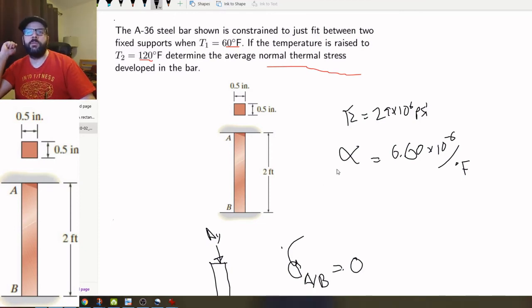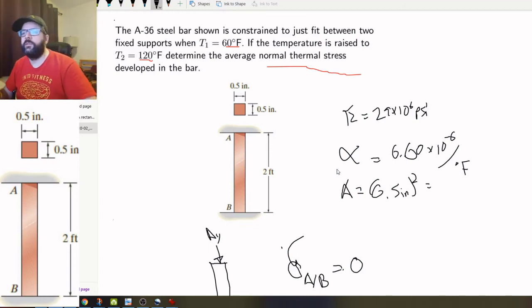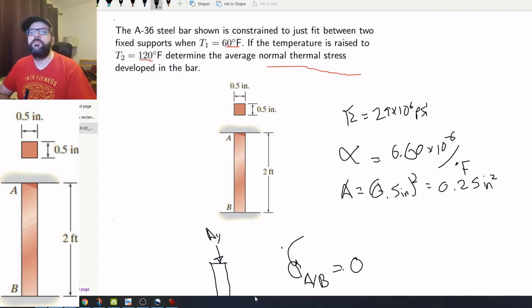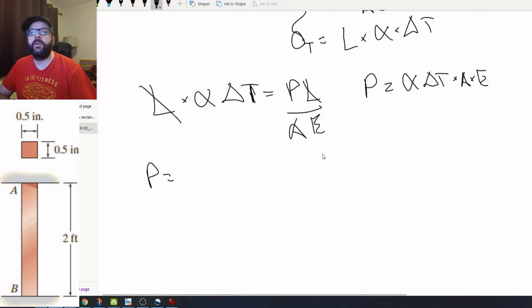And while we're at it, our A is going to be equal to 0.5 inches squared, which is equal to 0.25 inches squared. And what else do we need? We got that.